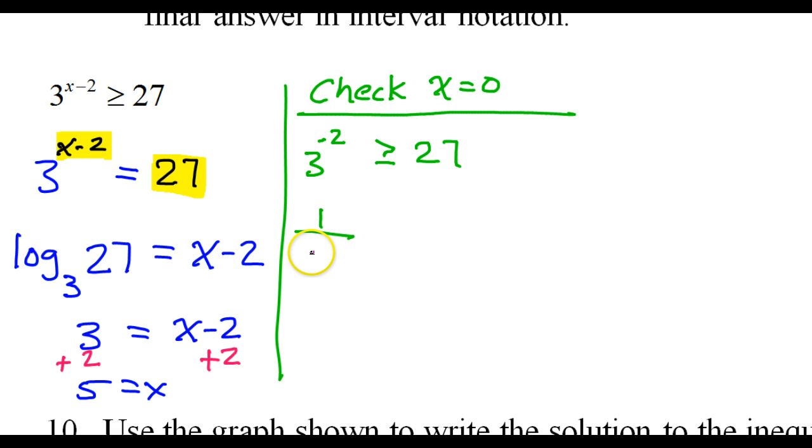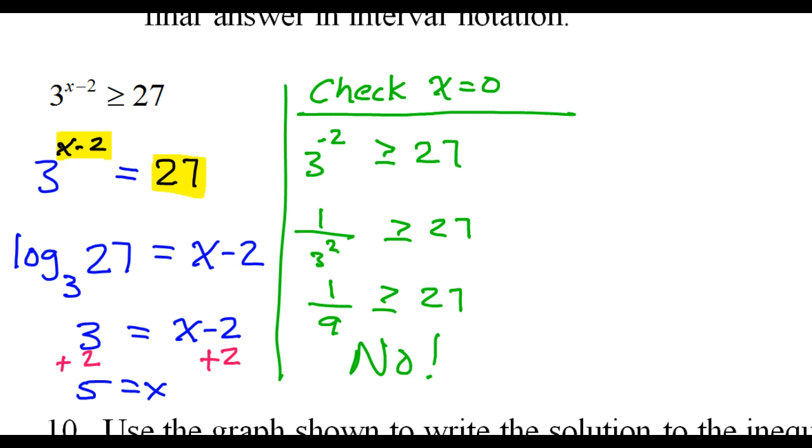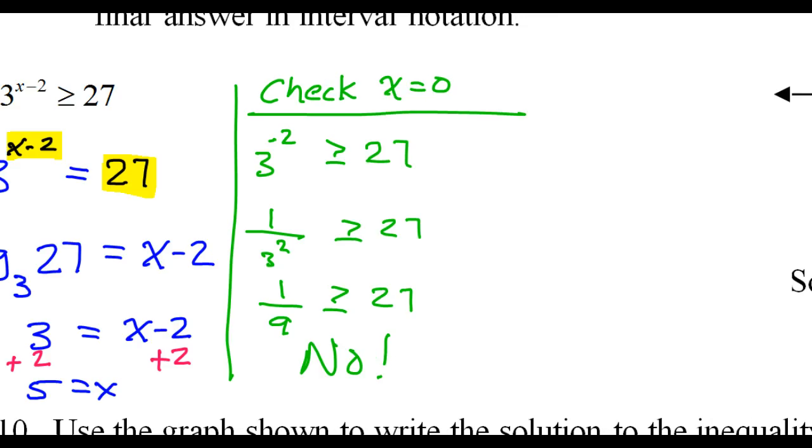So this would be 1 over 3 squared, which is 1/9. Is 1/9 greater than or equal to 27? No, it is not.